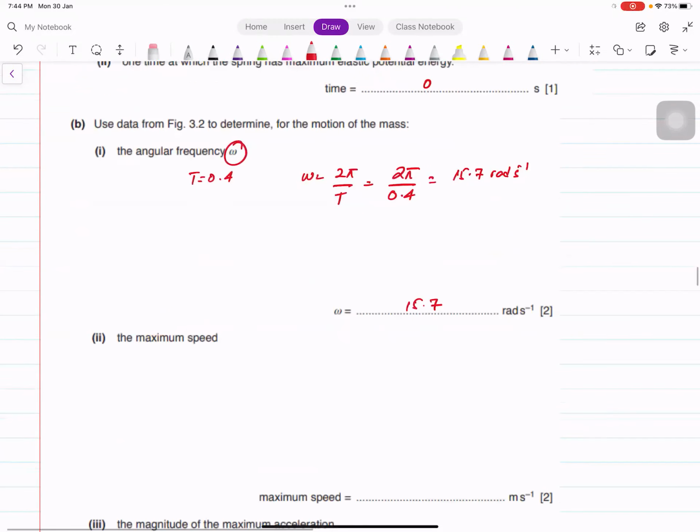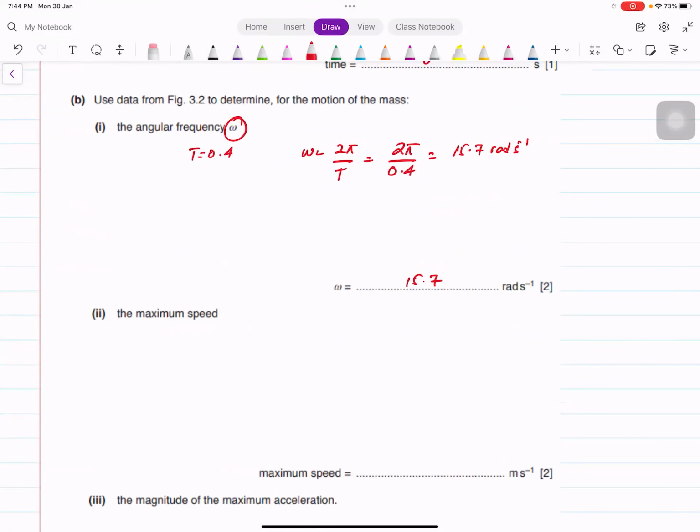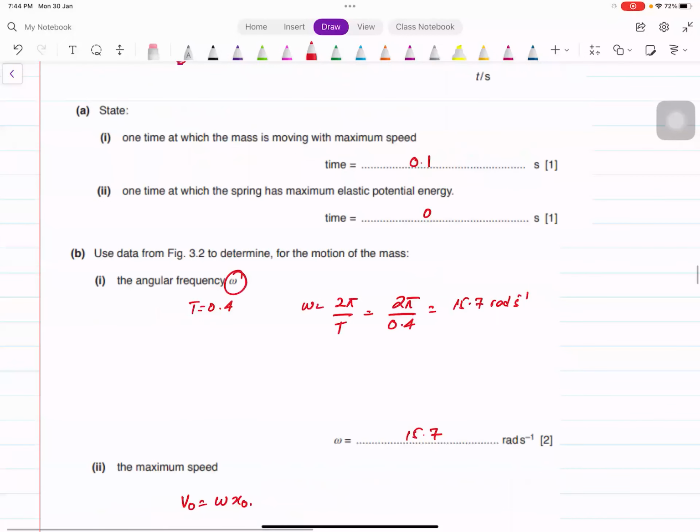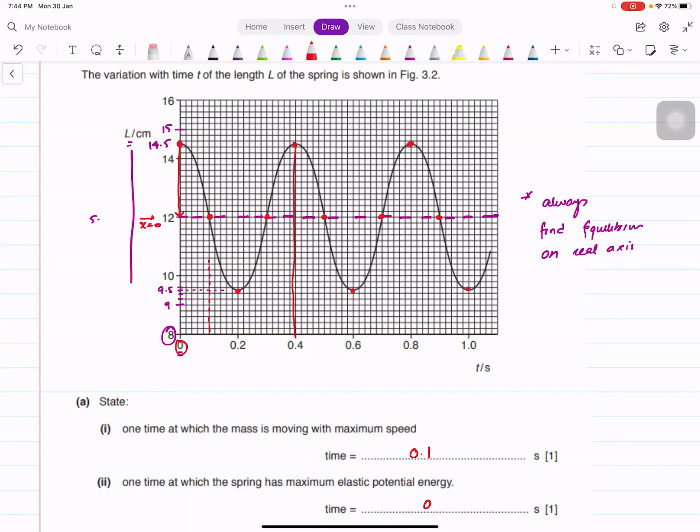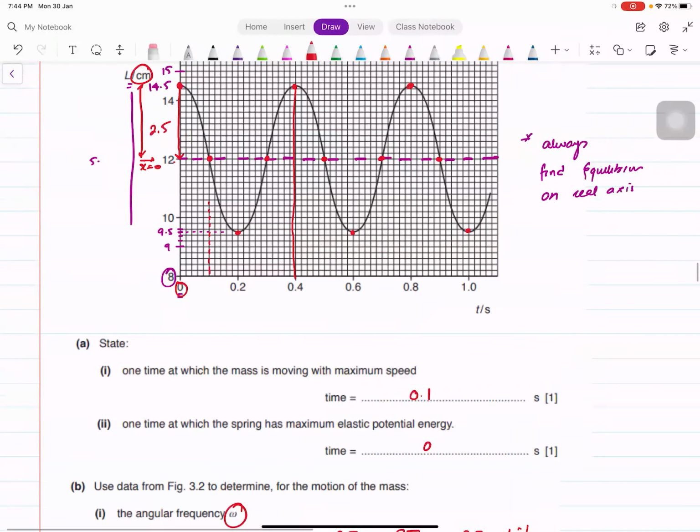Then it says calculate the maximum speed. Who can tell me the formula for maximum speed? V naught is equal to omega times x naught. Exactly. Now, how do you find x naught? x naught is the amplitude. Can you find the amplitude? This distance, 12 minus 2.5, is 2.5 in centimeters, so we need to convert it to meters.